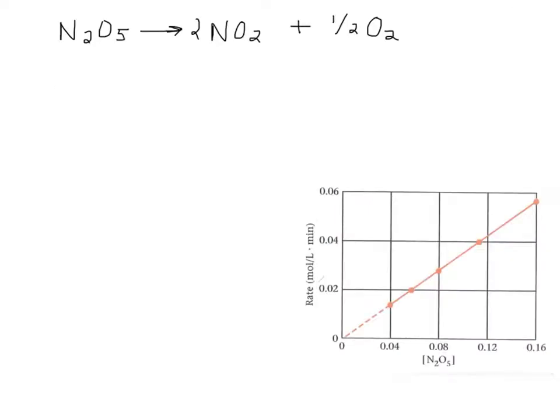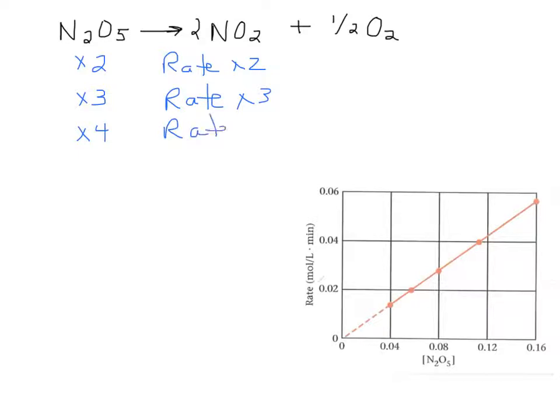So if we look at this reaction again, N2O5 gives you 2NO2 plus 1/2 O2. If you were to collect experimental data, you would see that if the concentration of the N2O5 were doubled, the rate would be doubled. We would see that it would go twice as fast. If we took the concentration of N2O5 and we tripled it, the rate would be tripled. Want to take a shot? What happens if I quadruple the concentration of N2O5?